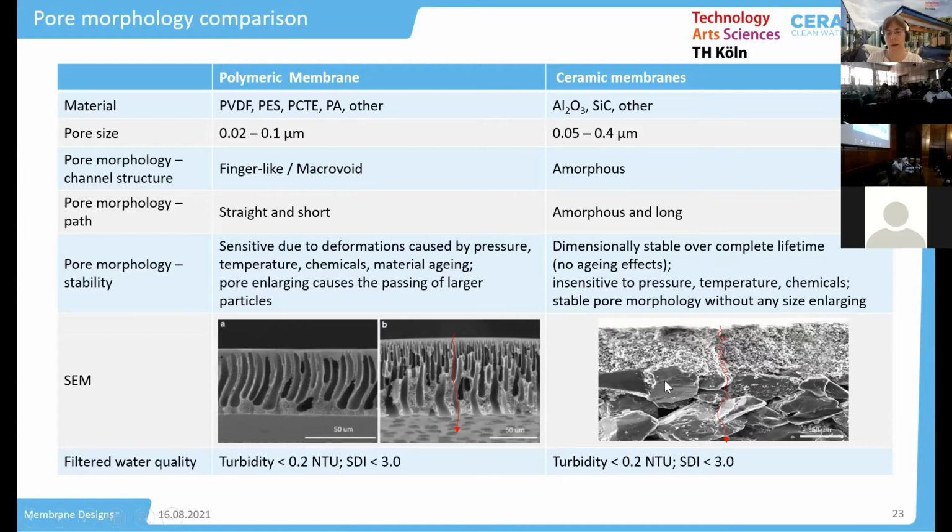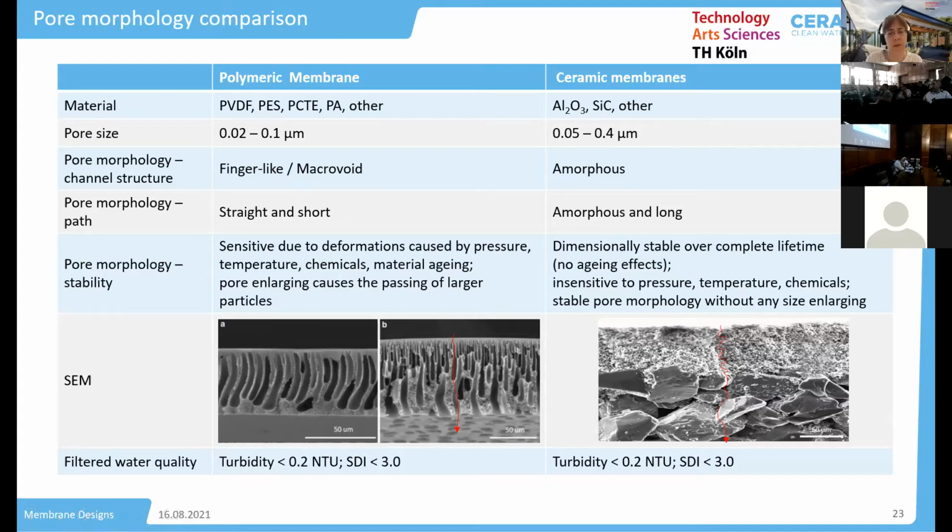Ceramic membranes are constructed out of small particles, which are very hard and you cannot compress them anymore. You see here much bigger selective layers than you have with the polymeric membrane. You have longer pathways for the water.